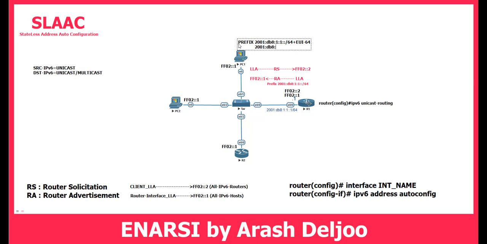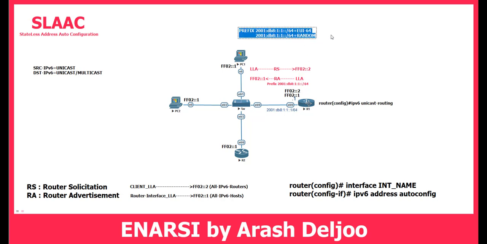2001:DB8:1::/64 plus the random method, and finally we will have our IPv6 address. This is the IPv6 address, but you know that we need the default gateway. The source IP address of the RA is the link-local address of the router's interface.